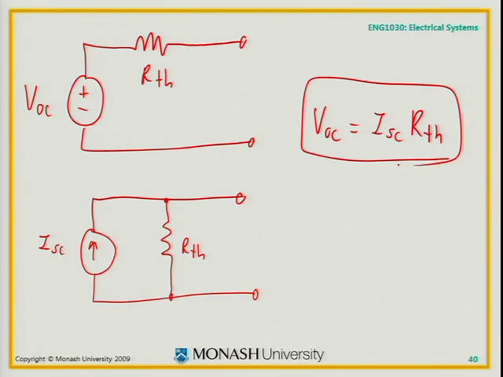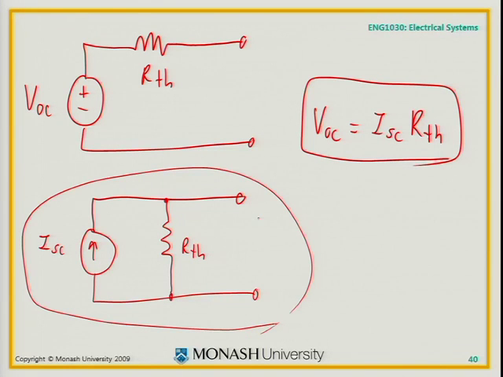And you can see that what would be the open circuit voltage down here. So if I said convert this thing here to its Thevenin equivalent, what would be that open circuit voltage? ISC times R Thevenin. So I've got it written up there, ISC times R Thevenin. If I wanted to short circuit this, what would be the short circuit current?